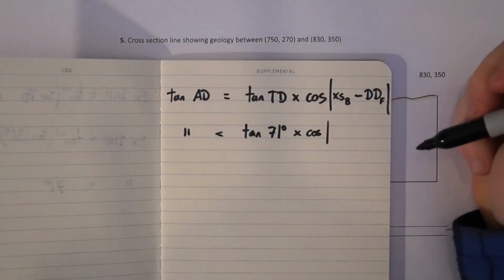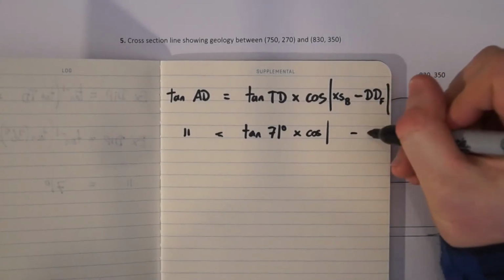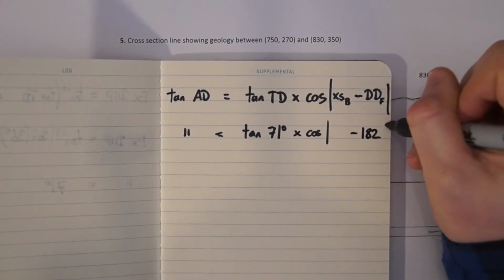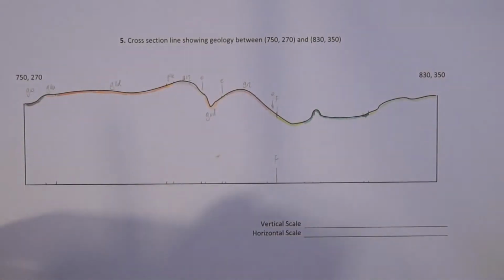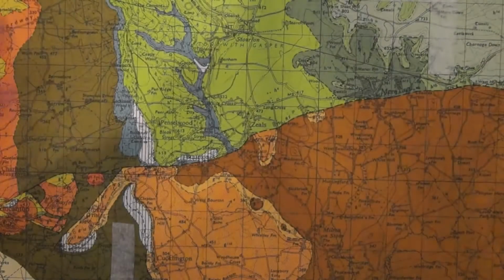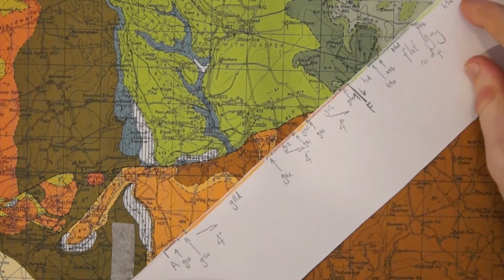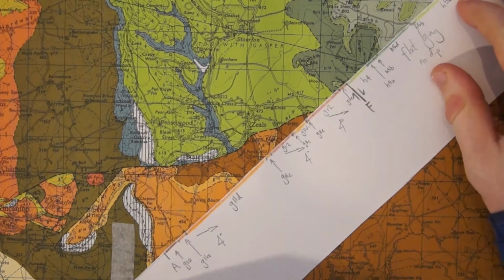So the dip direction of the fault we've already calculated as 182, and the orientation of the cross section, if we go back to the map, our cross section line runs in this orientation.